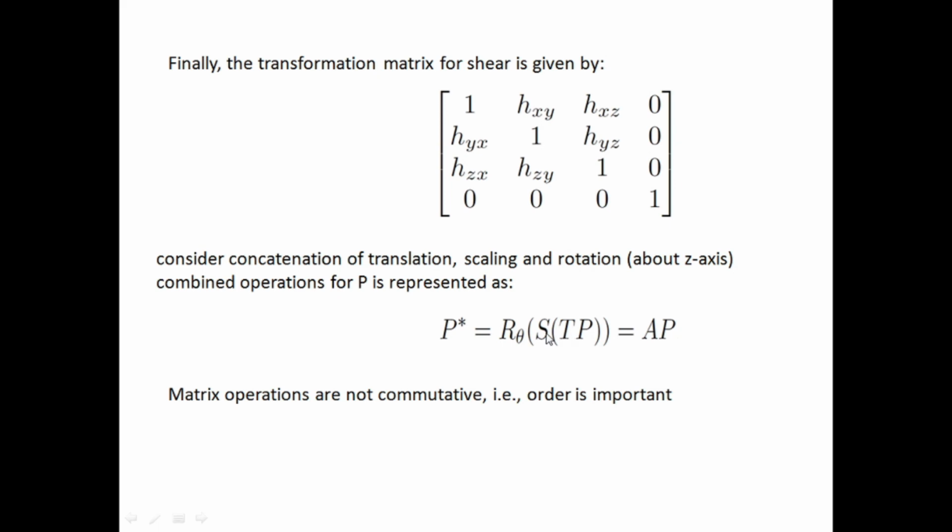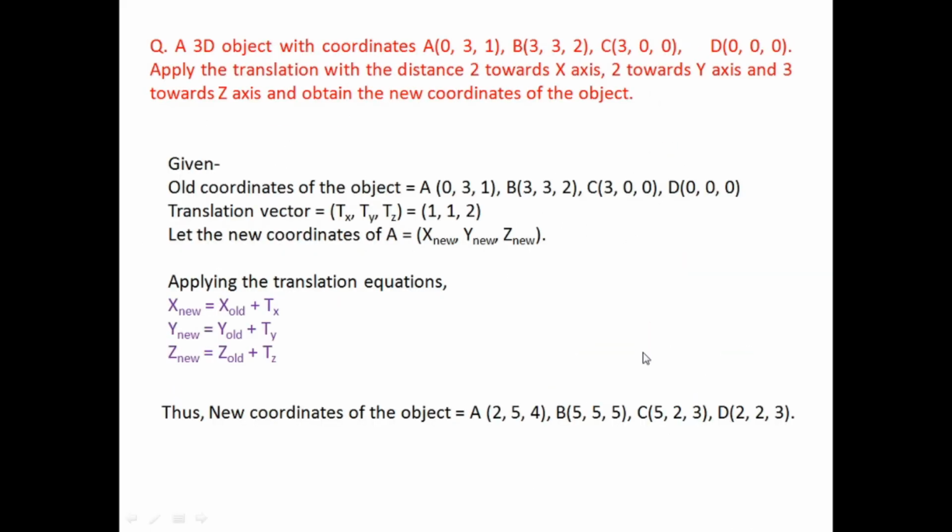Next, scaling has to come. After that, rotation of the vector has to take place. This is the order of the affine transformation. So R theta S T is nothing but your transformation matrix, which is the affine transformation matrix. It is of size 4 cross 4. Okay, so this is about the affine transformation.